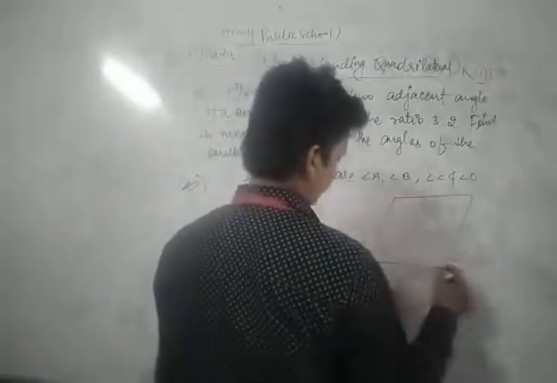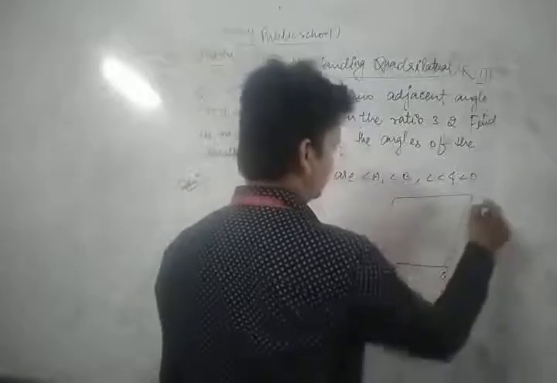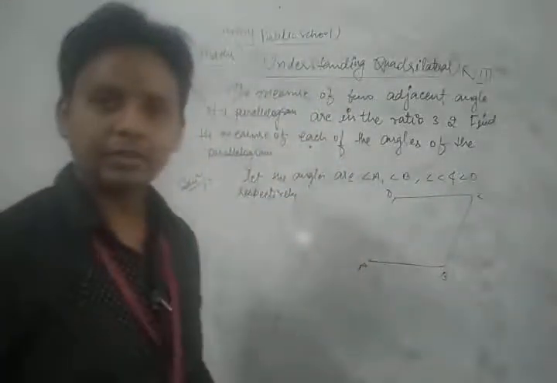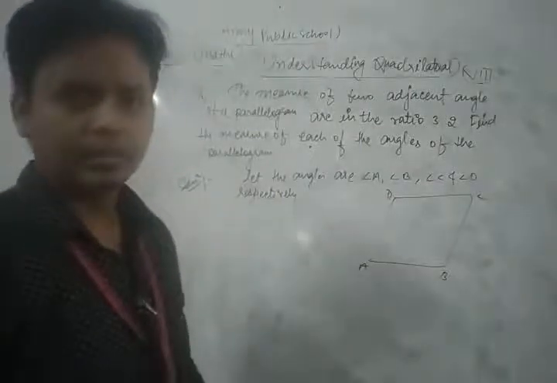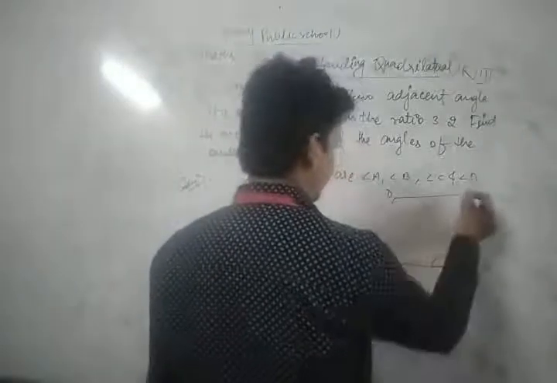Now first of all we form the parallelogram. This is the parallelogram ABCD. In that figure, the pairs of adjacent angles are angle A and angle B, angle C and angle A.